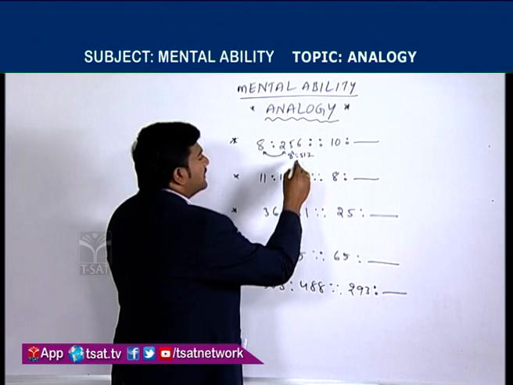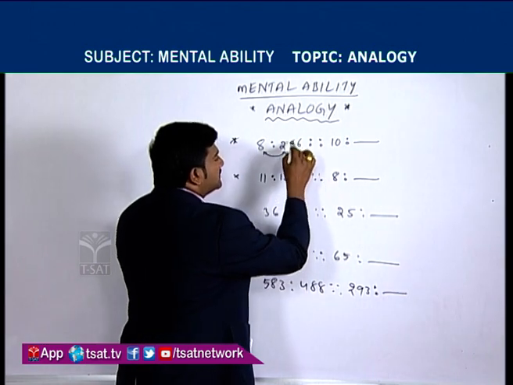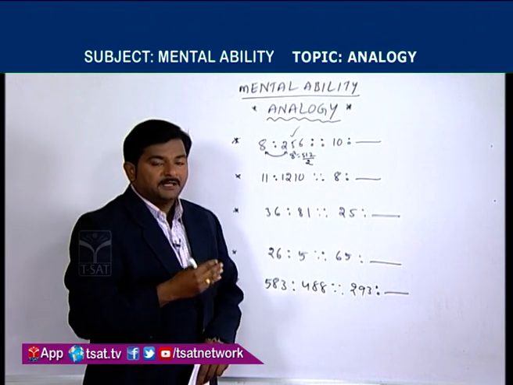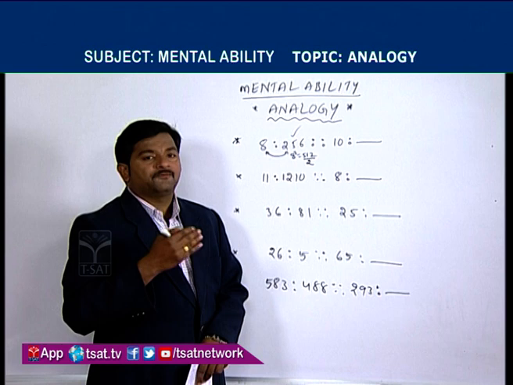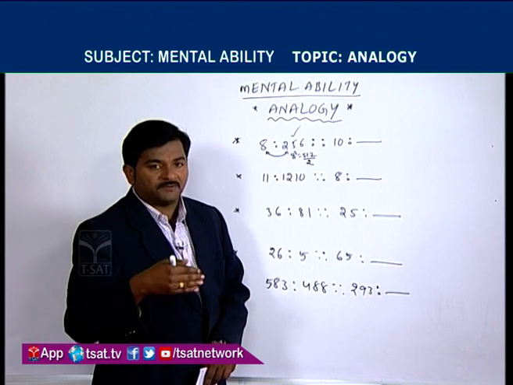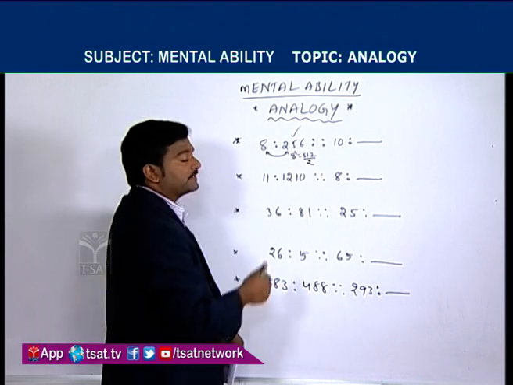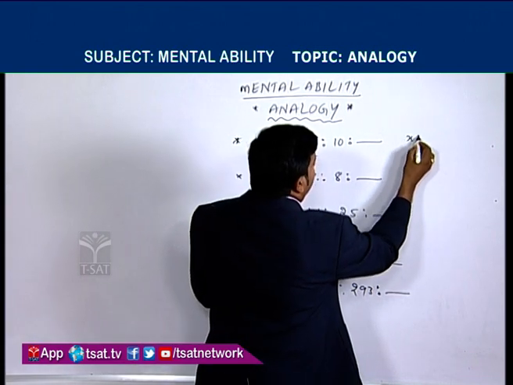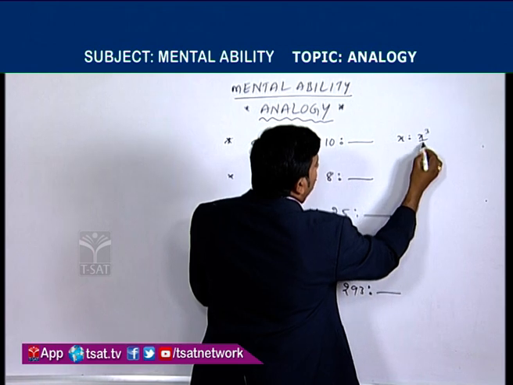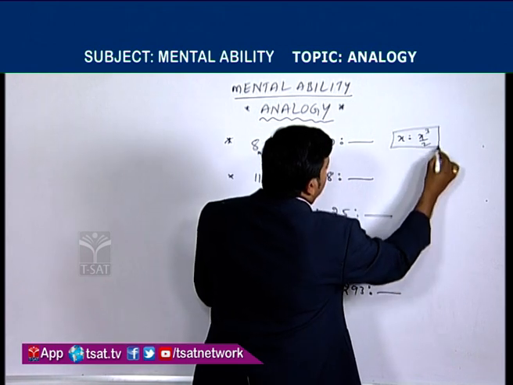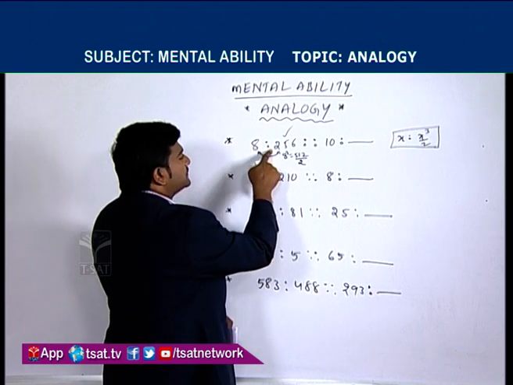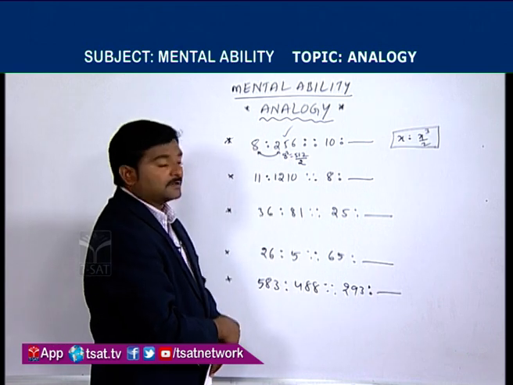So half of 512 is 256. The concept involved is, in general, x is to x cube by 2. So 8 is to 8 cube by 2. That is the concept involved.